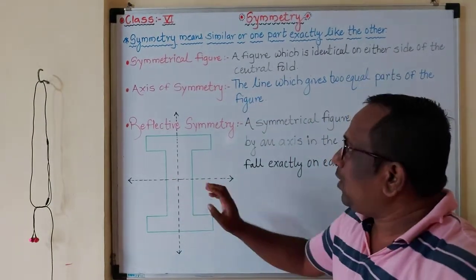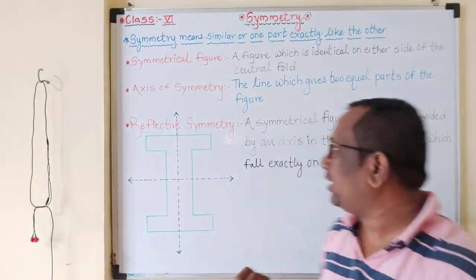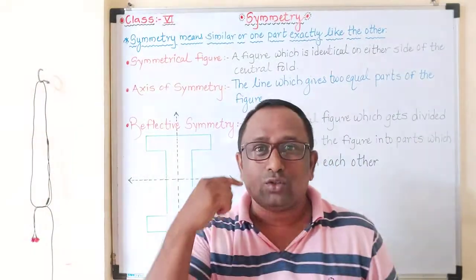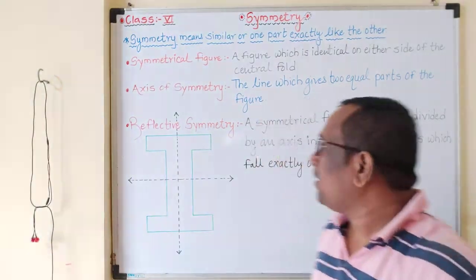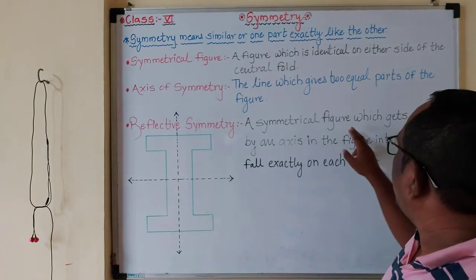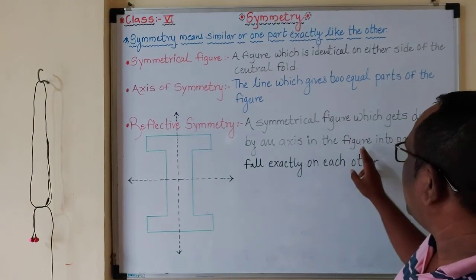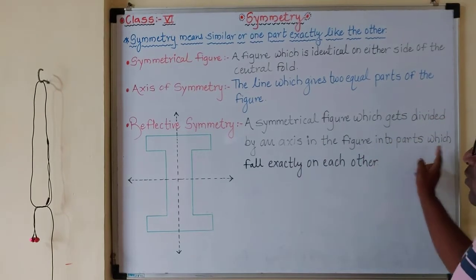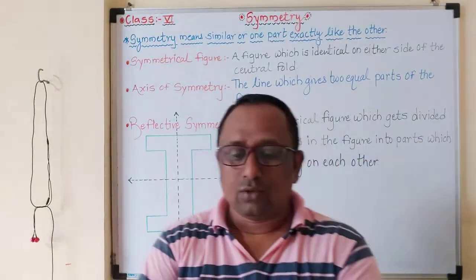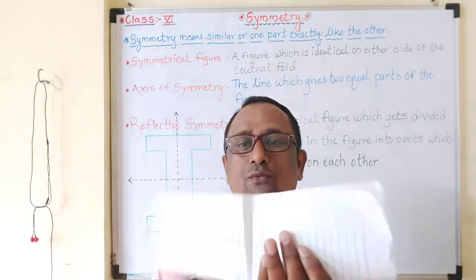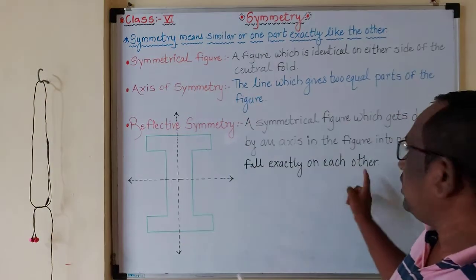Okay, now reflective symmetry. Reflection, you know, when you look in a mirror at your image, you see your reflection. Now a symmetrical figure which gets divided by an axis in the figure into parts which fall exactly on each other. I will explain, students. If I fold this, then these parts fall exactly on each other.